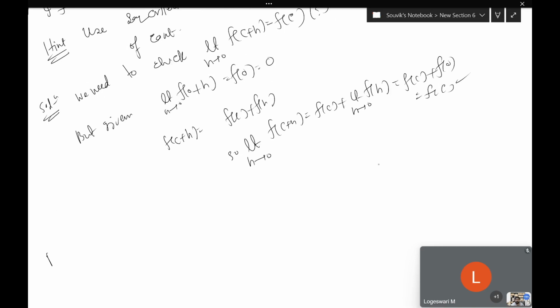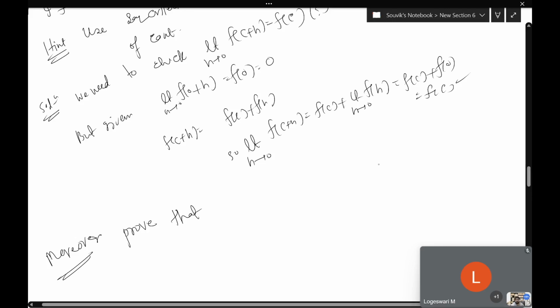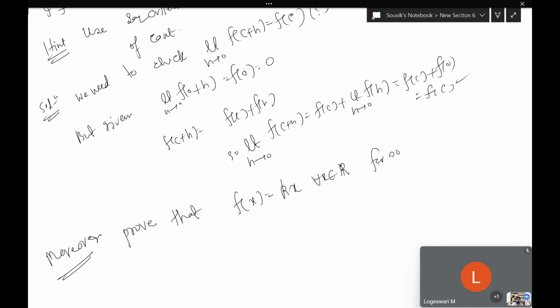Moreover, prove that f of x is equal to kx for all x belongs to R, and for some k belongs to R. Okay.